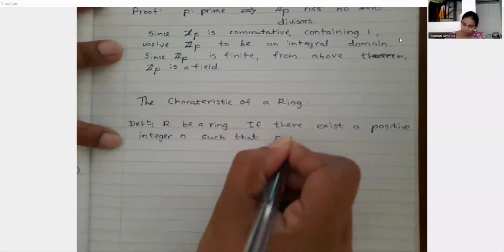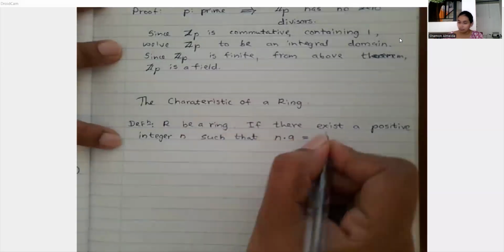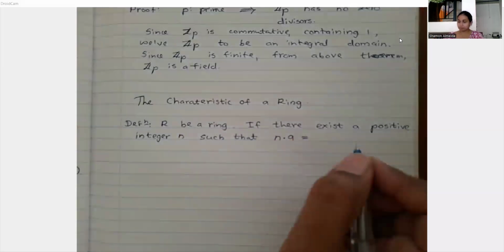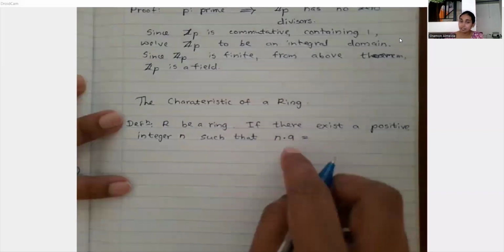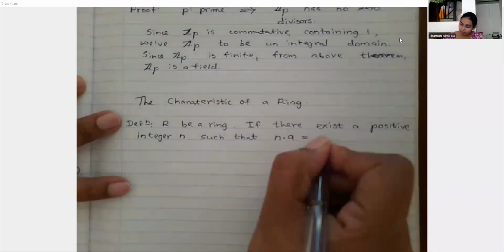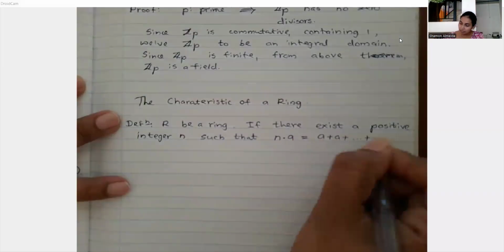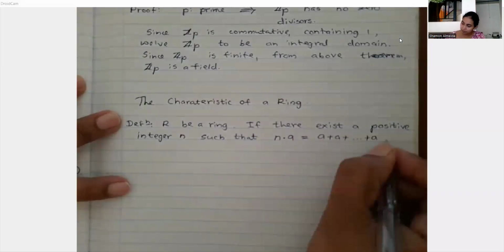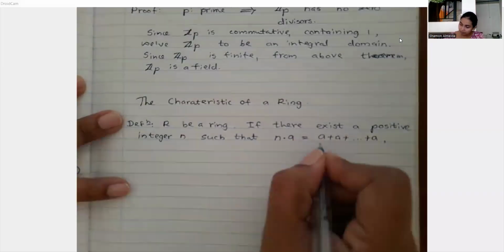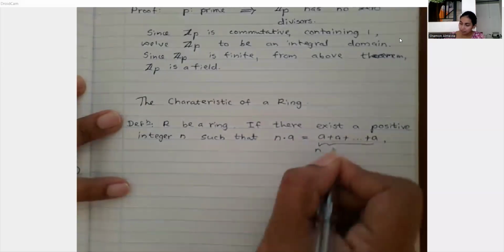n times a. What do we mean by that? Where a is an element in the ring, n times a, which is simply a plus, we are actually adding a n times. So this has n terms in this summation, n sums.